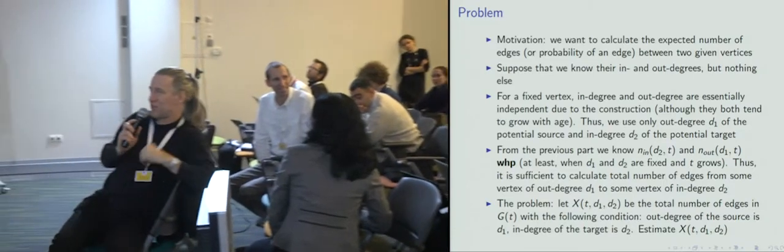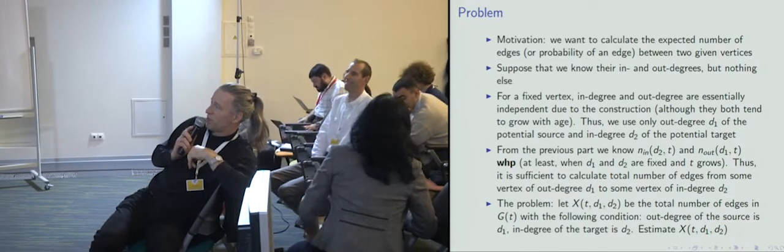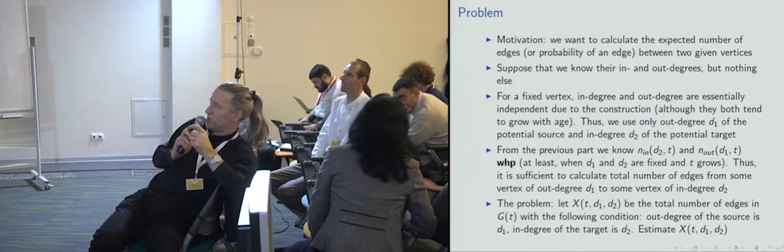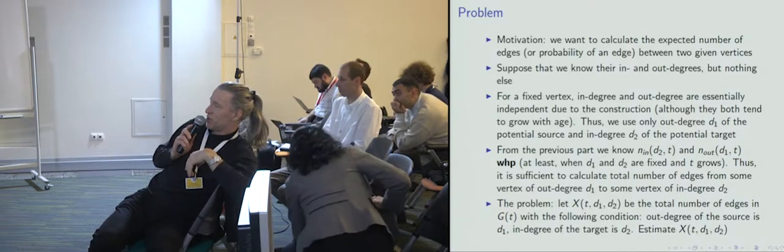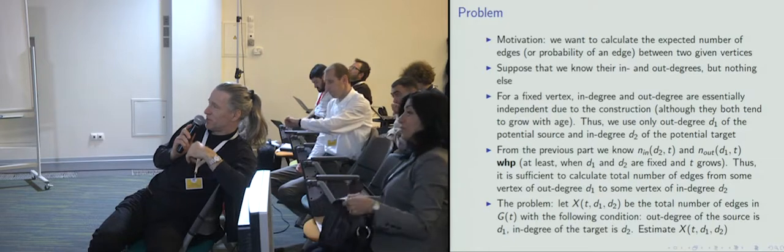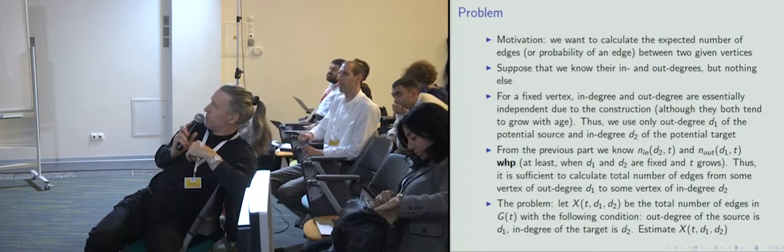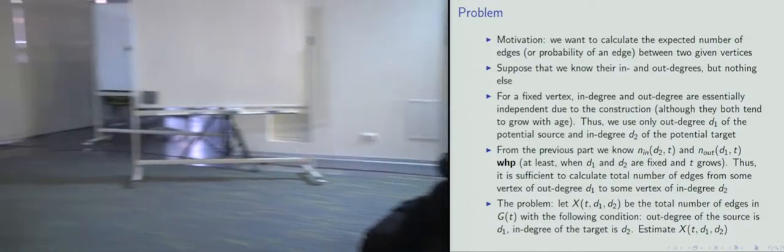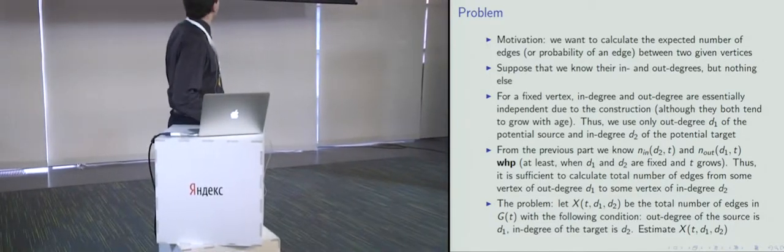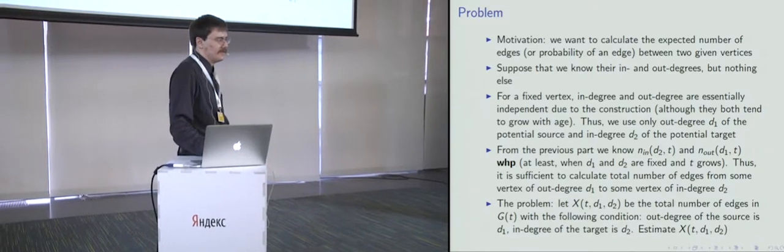So actually, sort of on that question, do your formulas simplify if you assume there are no connections between old vertices? So if you put this parameter beta equals 0? I do not think that this simplifies anything in this approach. No, but your formulas look very complicated.